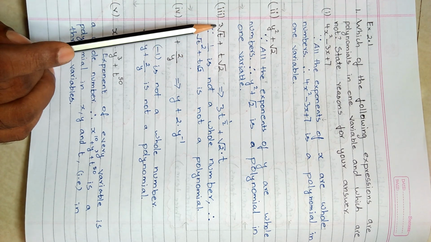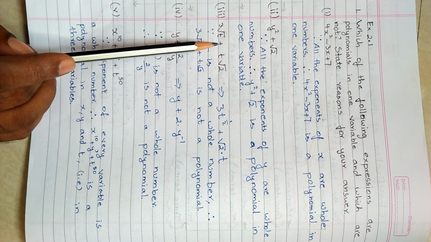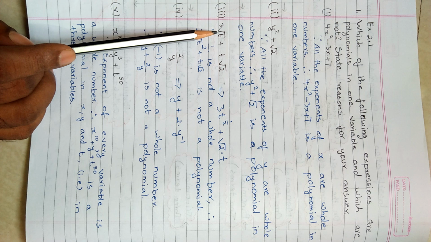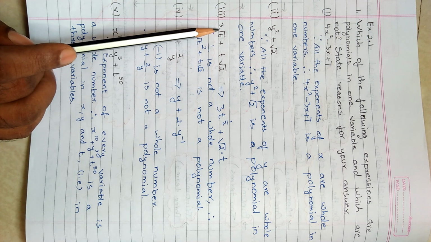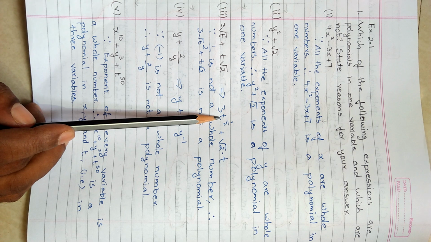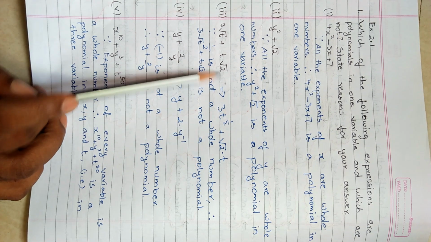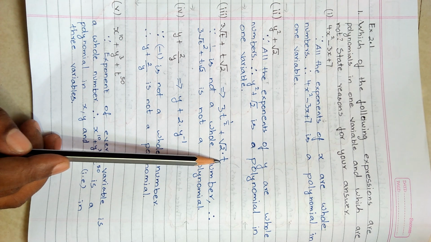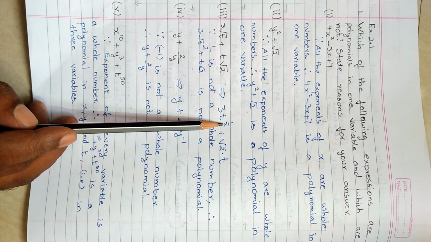Let's go for the third one. 3 root t plus t root 2. See here, we have root t. So what is the meaning of this root? We can even rewrite this as power 1 by 2, right? So 3 t power 1 by 2 plus this can be rewritten as root 2 into t. So we know that the power should be a whole number.